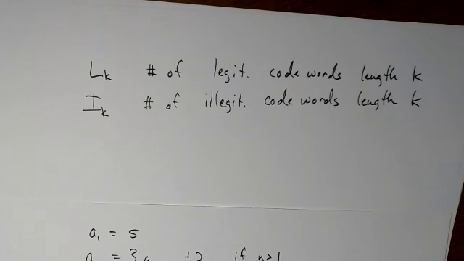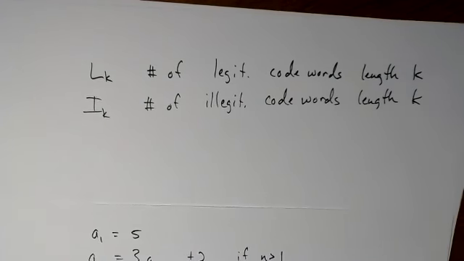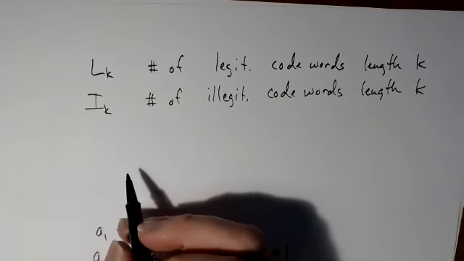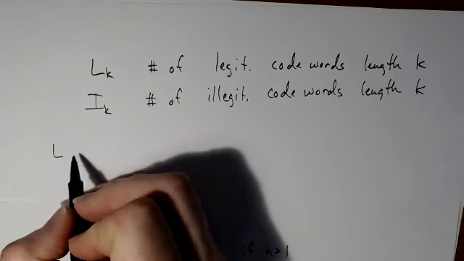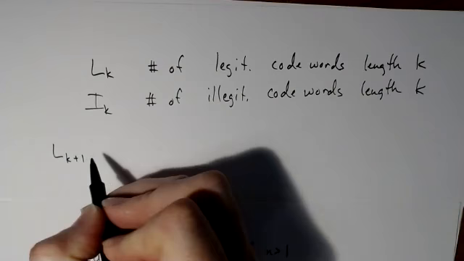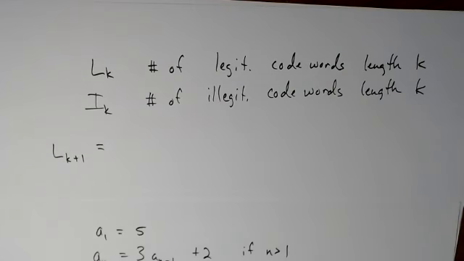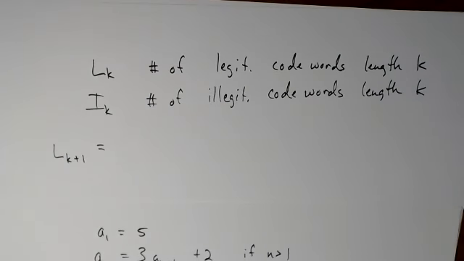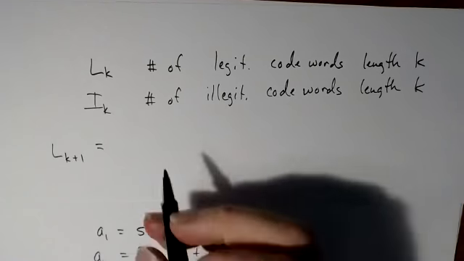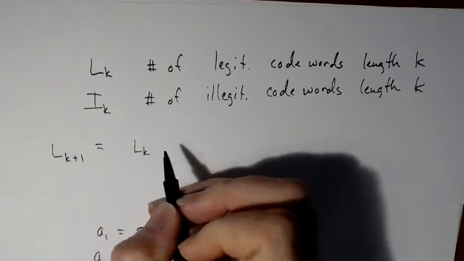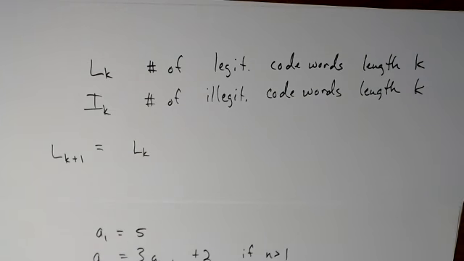I deal mainly in forward differences, so I'm going to use these as is, and talk about how I make a legitimate code word of length k plus 1. If I start with a legitimate code word of length k and append a 1, 2, or 3, it doesn't change the number of zeros.